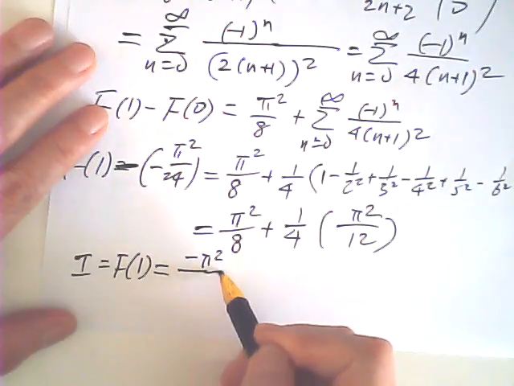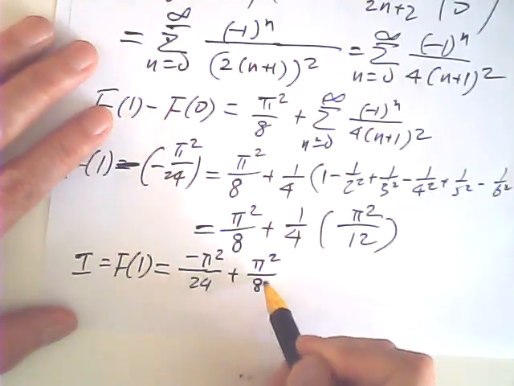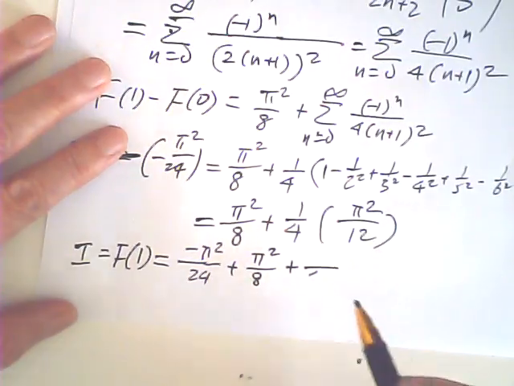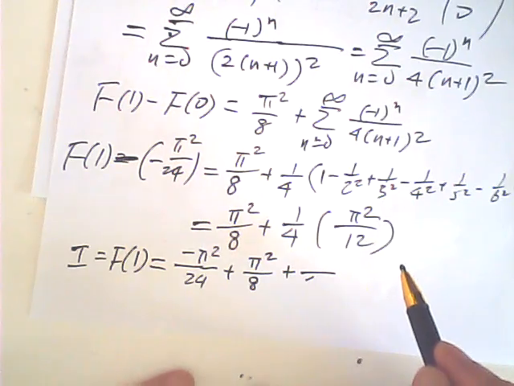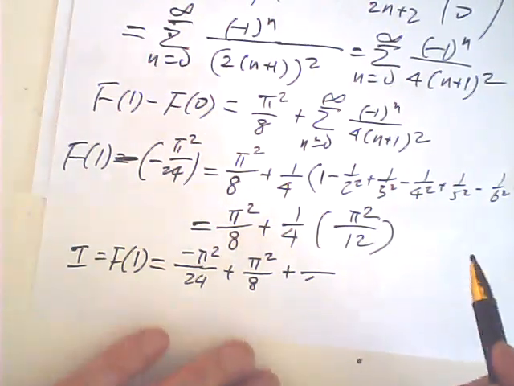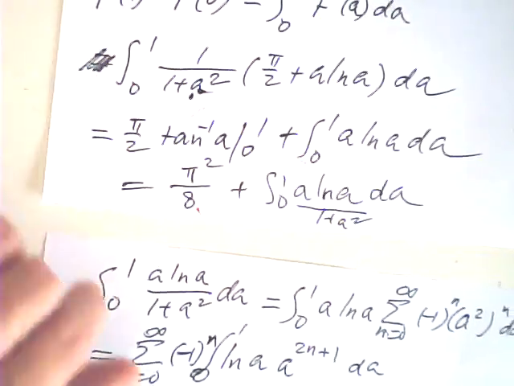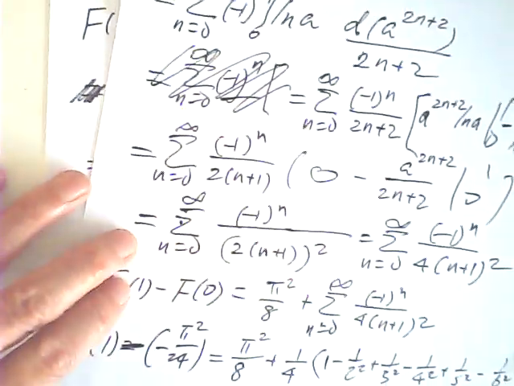Negative pi squared over 24 plus. Remember it's negative.